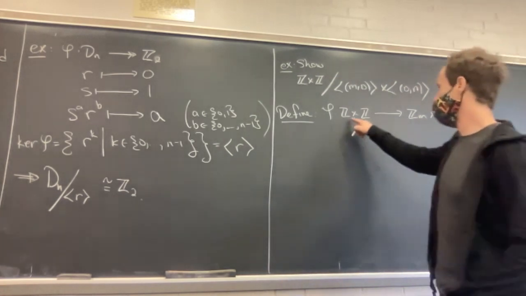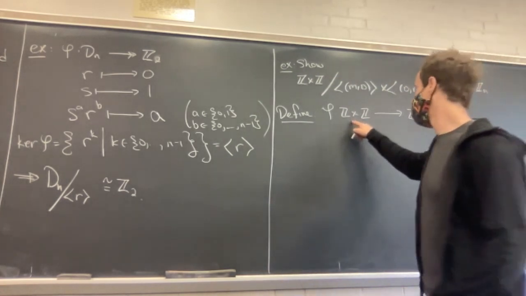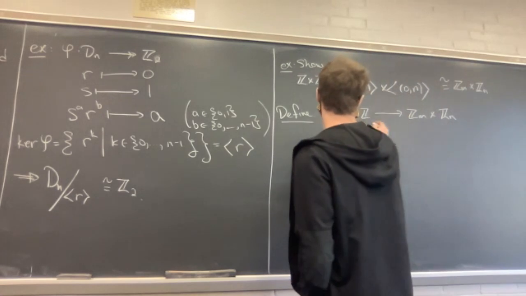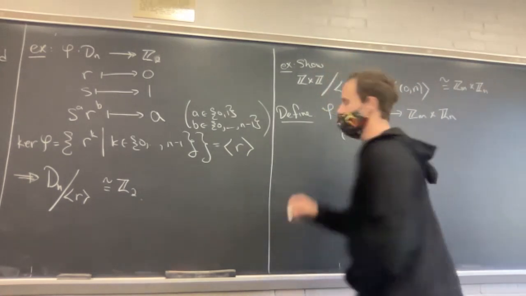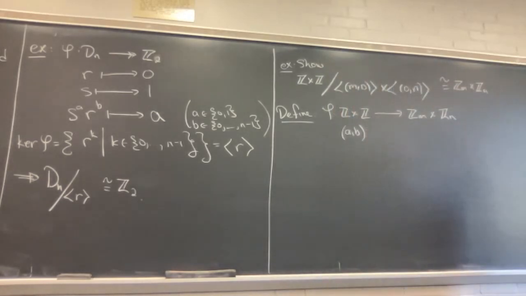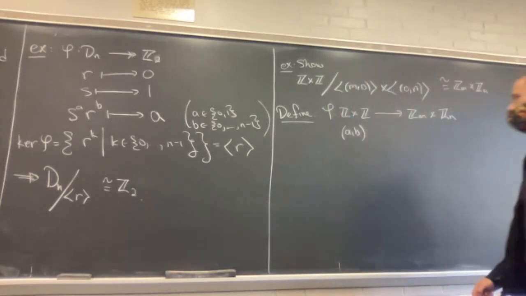Well, let's take an arbitrary element from Z cross Z. Maybe that would be (a, b). And we've got to figure out where to send that.